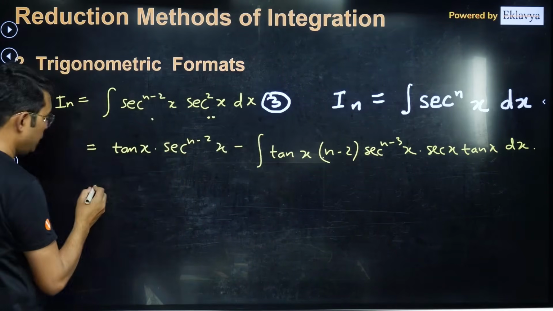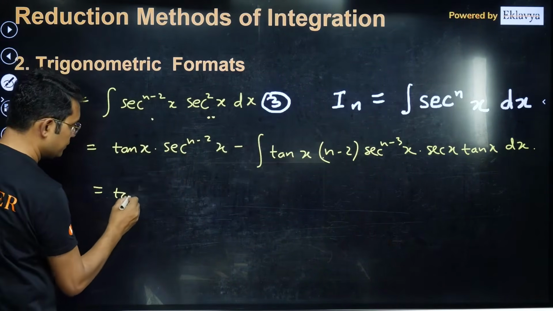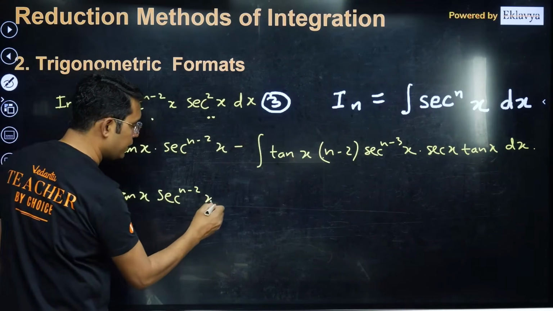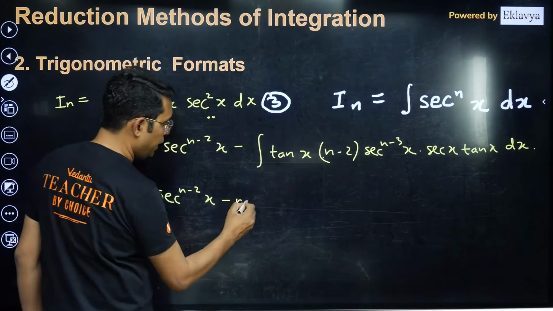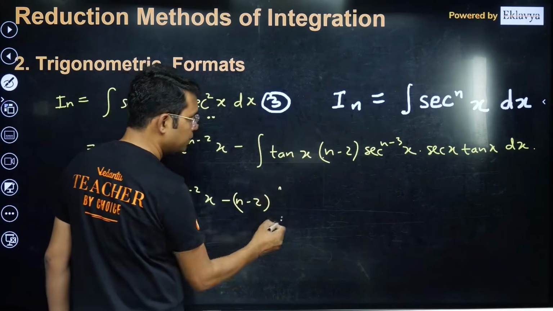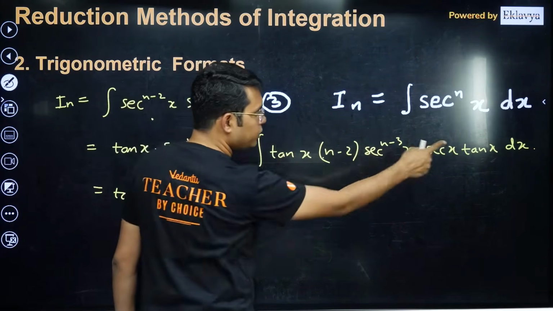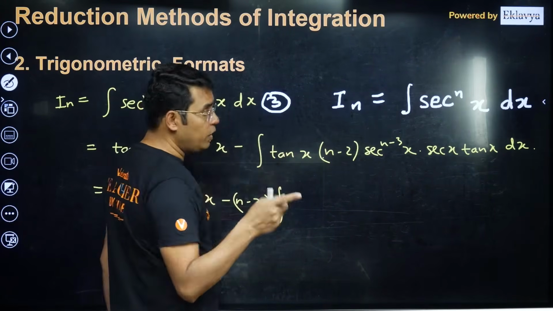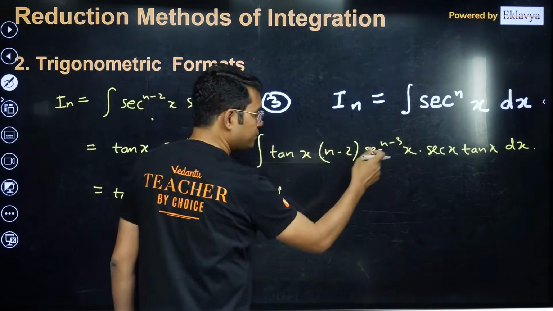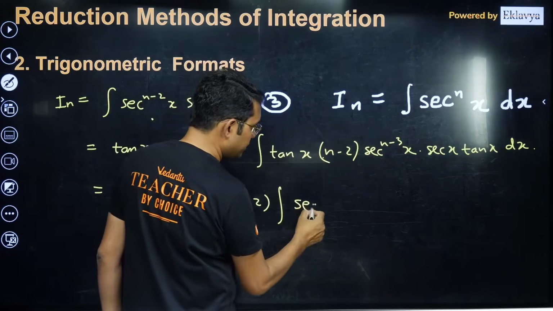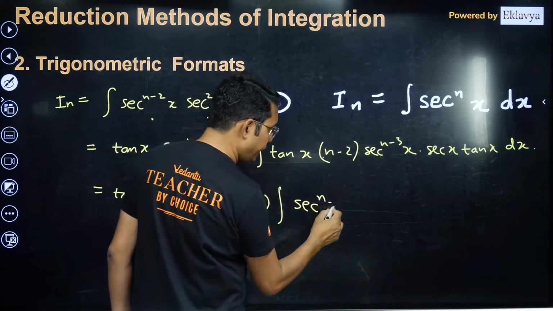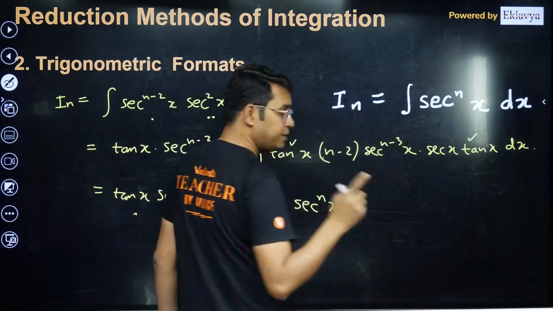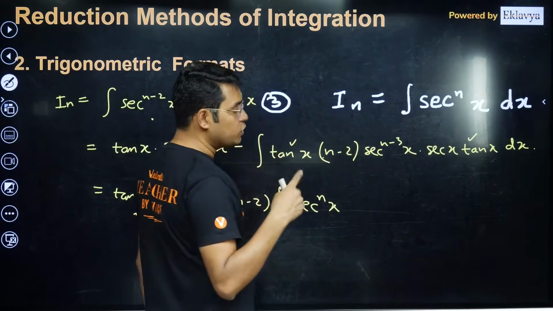Okay, now this is tan x into secant raised to the power n minus 2x minus n minus 2. If I take common, it will become tan into tan, tan square, which I can write as secant square minus 1. So this will become secant power nx.